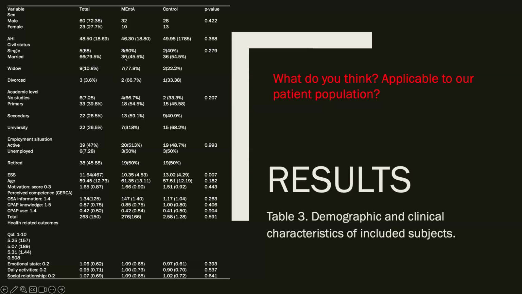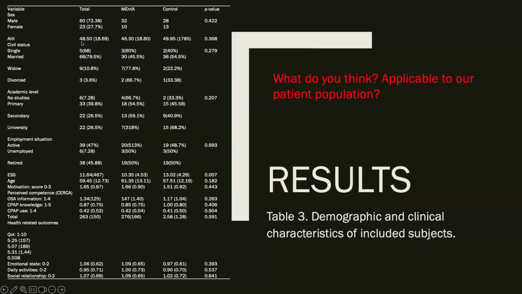With the 83 patients that they recruited, from the very top, most of the patients are male. 60 of them were male. 32% of them went to the Menta CPAP school. The other one is the standard school. The other 23 patients were female.